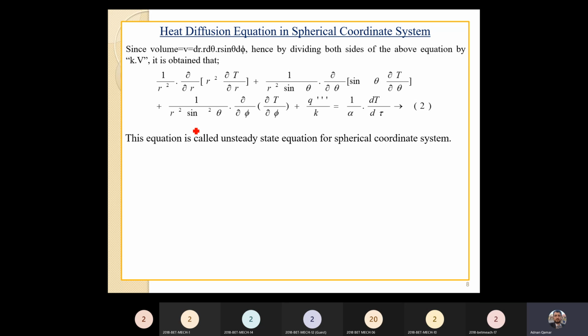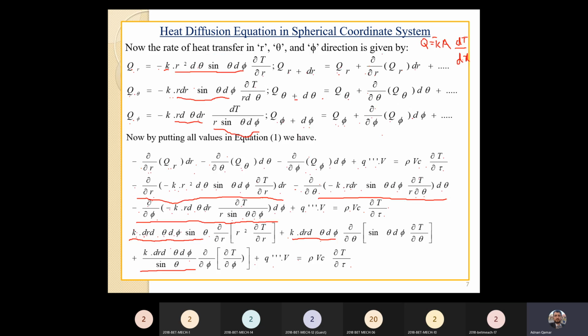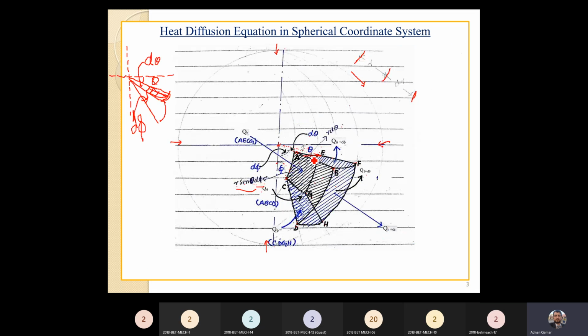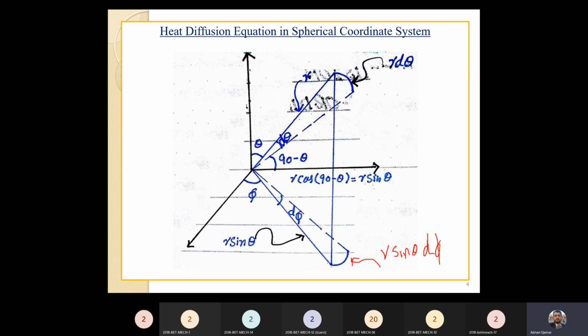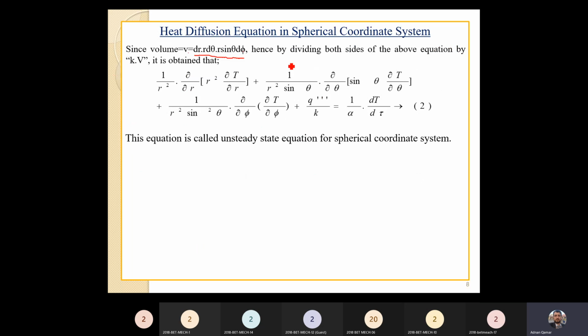This represents basically the product of dr, r d theta, r sin theta d phi. This represents the volume. If you multiply this side and this side, you will get the volume. So it is representing the volume of the system.